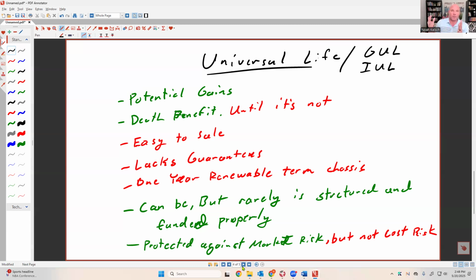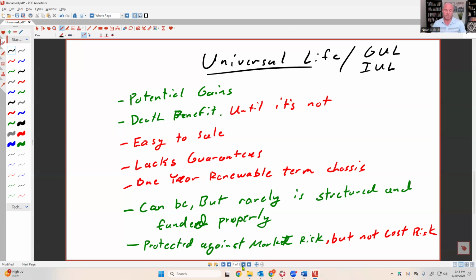Right off the cuff, common sense says, if I'm participating in market gains, what am I giving up? Because there are no deals in insurance. And if that's a fact, and it is, then you can't have market gains and zero risk at the same time. Something is off with that.